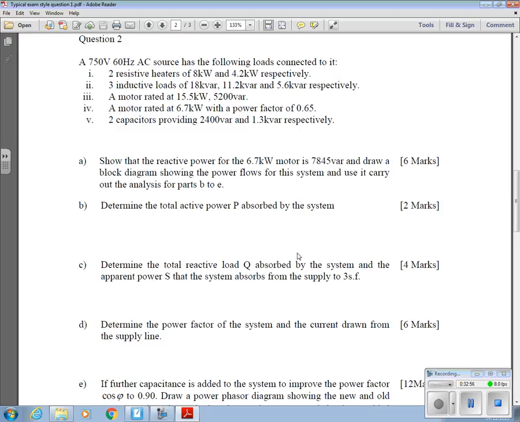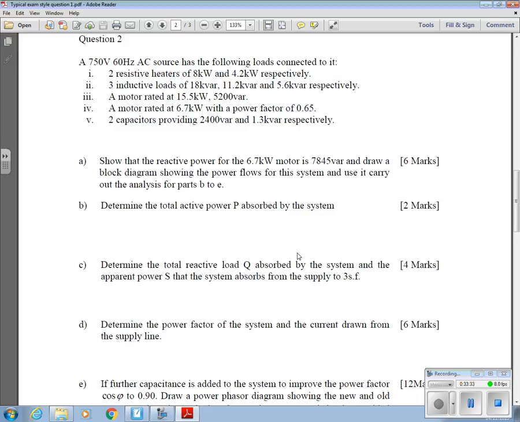This is one of these multiple loads questions: 2 resistive heaters, 3 inductive loads, a motor where you're given the kilowatts and the VARs, a motor where you're given the kilowatts and the power factor, and 2 capacitors where you're given the VARs. It's one of these spider diagram things where you can add up all the powers, all the Q's, all the S's.